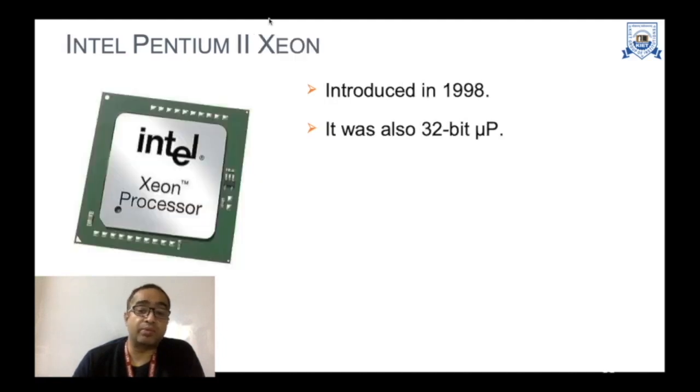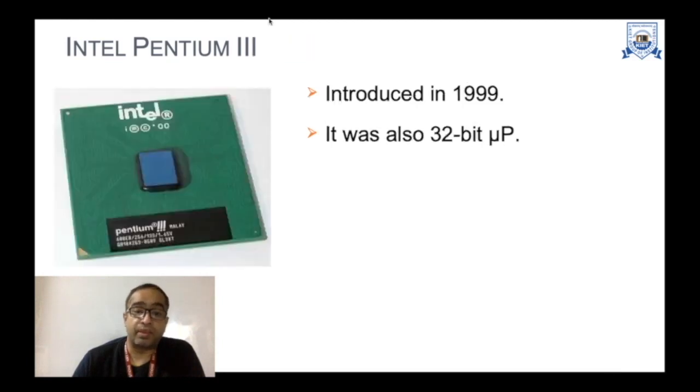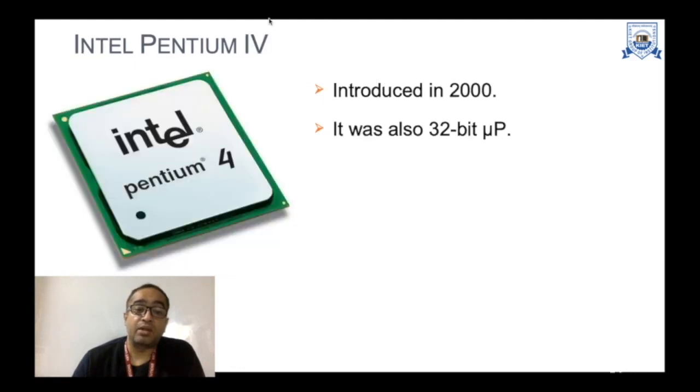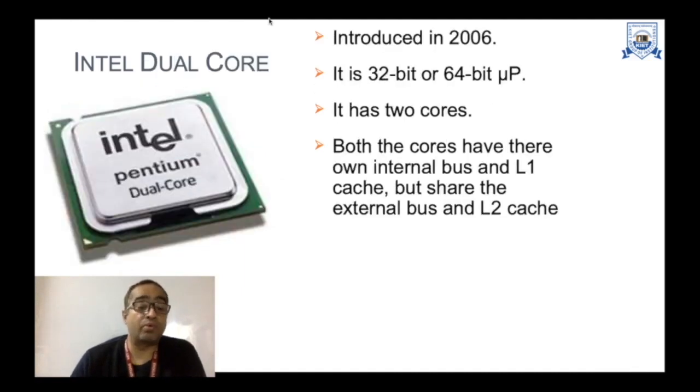In 1998, Intel introduced one more variant, called the Pentium 2 Xeon. Then in 1999, Pentium 3, and in 2000, Pentium 4, all of them 32-bit microprocessors.